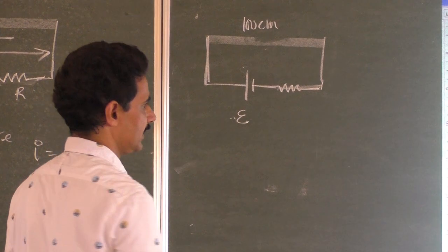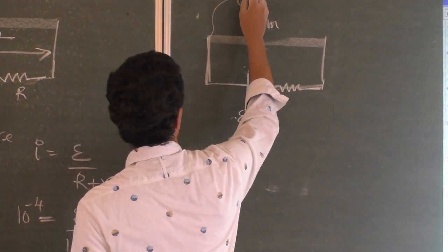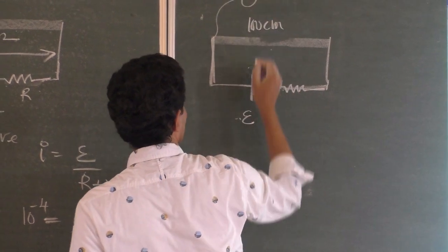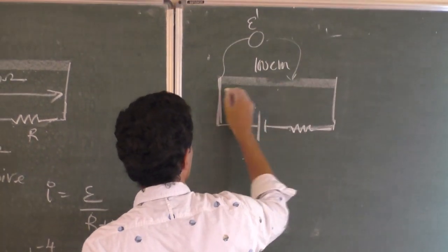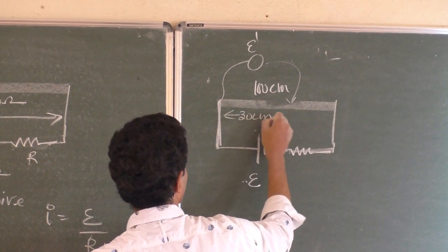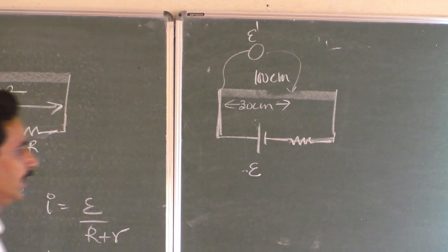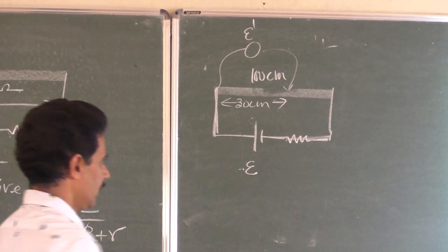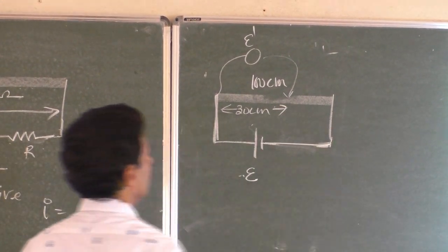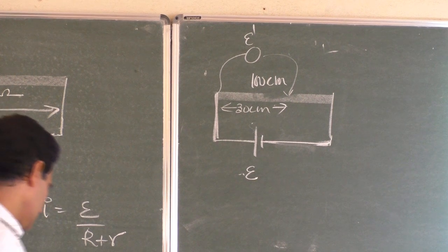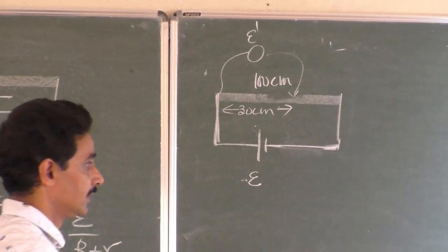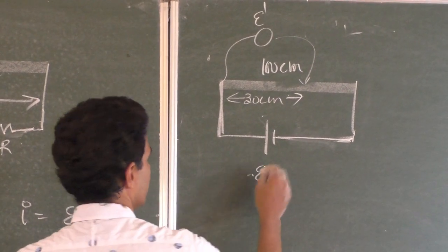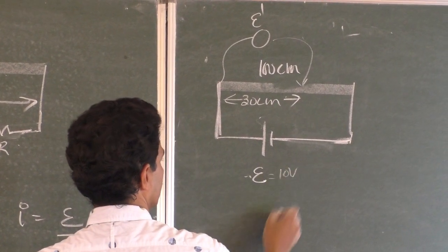Now the balancing point obtained is at 30. So when I balance it against a cell of EMF, say E dash, then the balancing length obtained is 30 centimeters. The question is the EMF of the battery. Of course, no resistance here. One thing here is, suppose you want to balance a battery of EMF E itself, for example a 10 volt battery.